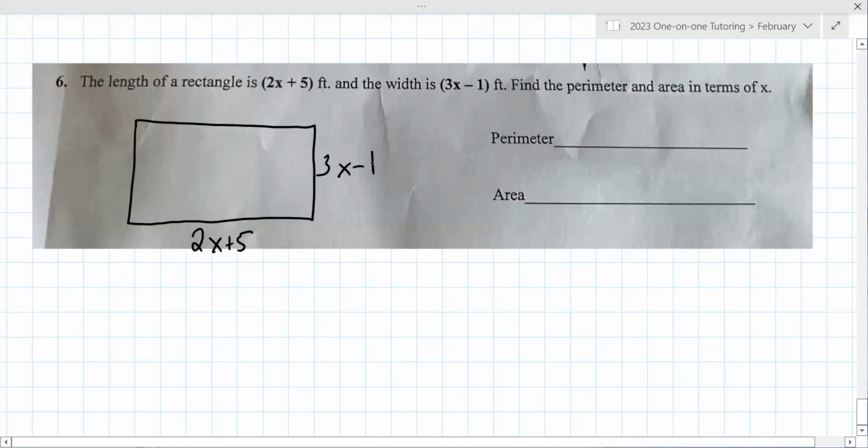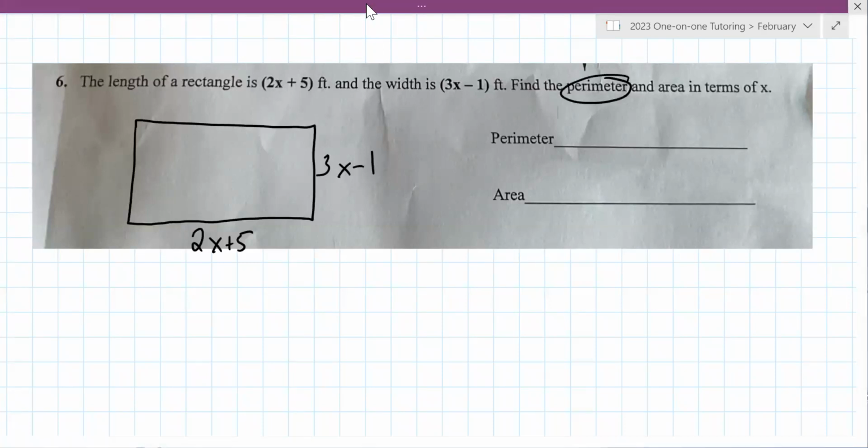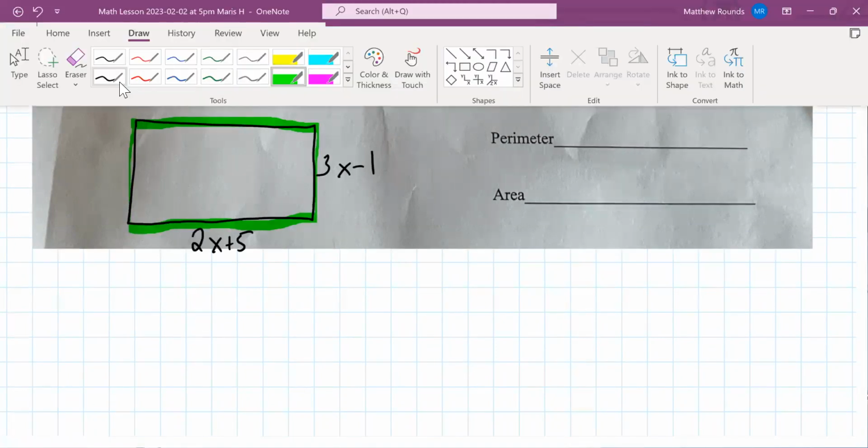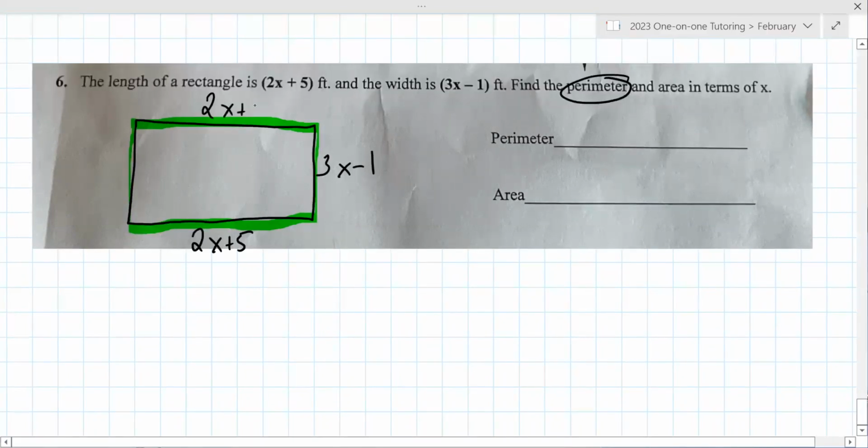All right. So now the perimeter is going all the way around. So if it helps, you can label the other sides. You can say, okay, I need to label the top now as 2x plus 5 and the left side is 3x minus 1.